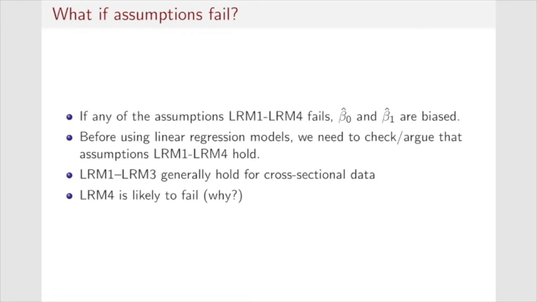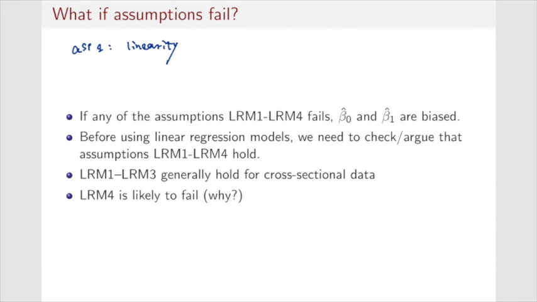But luckily, assumptions 1 to 3 generally are not a big problem. Assumption 1 is about linearity in parameters. We've already learned that even if the relationship between x and y is not linear, we can still use log, quadratic, or cubic terms to capture these nonlinearities.